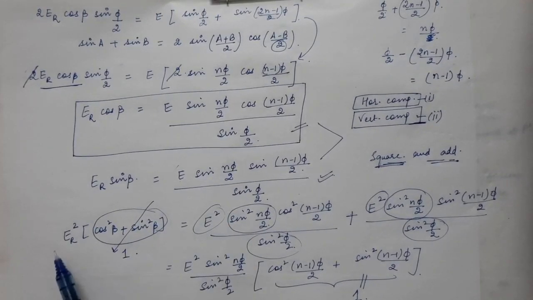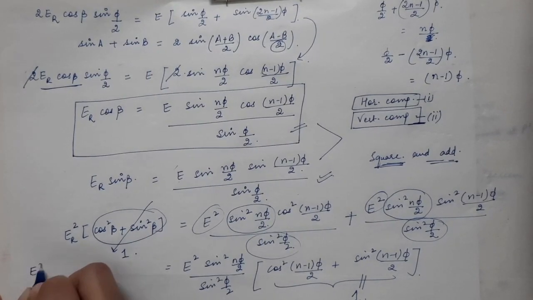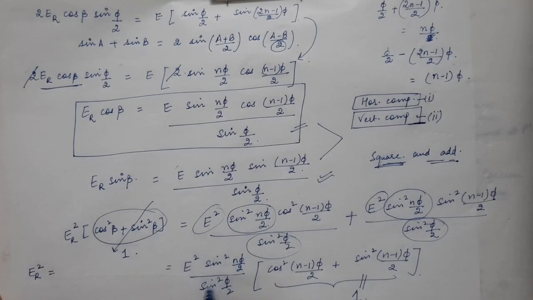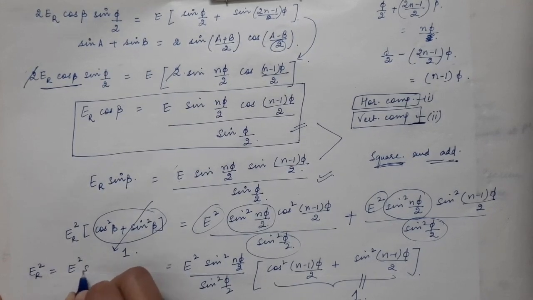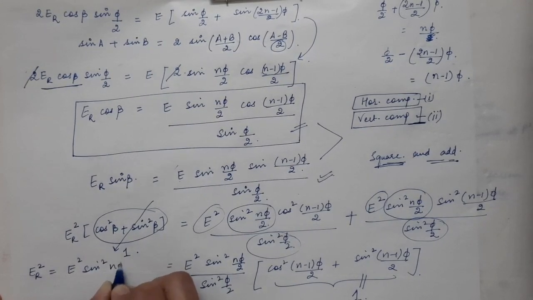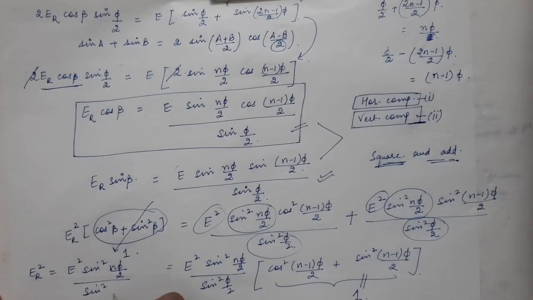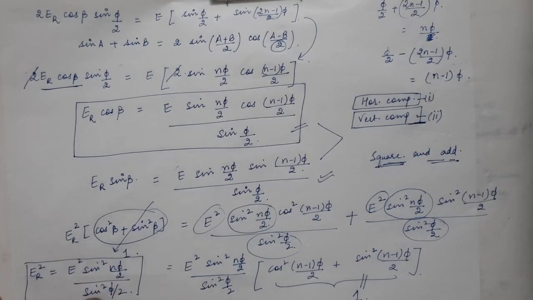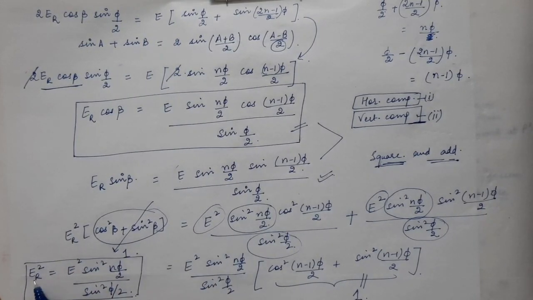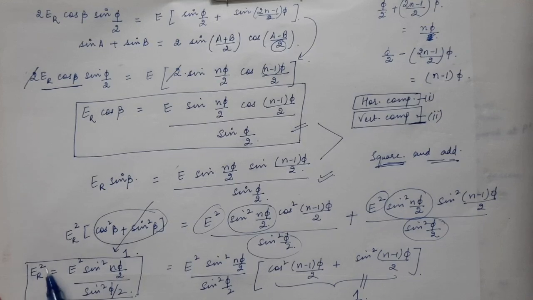So from here you will get ER square equal to E square sin square n phi divided by 2 whole divided by sin square phi by 2. This is the equation that we have got for the amplitude. Now we will do the square root on both hand sides, and you will get the amplitude of the resultant wave.